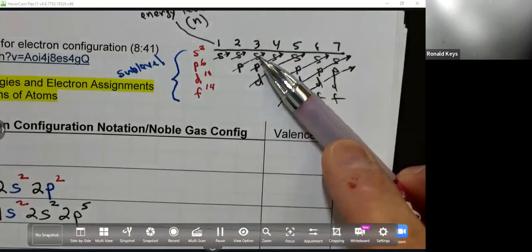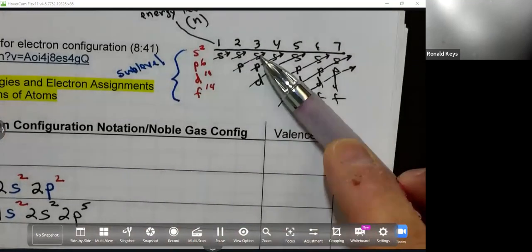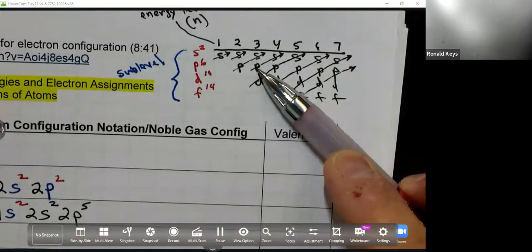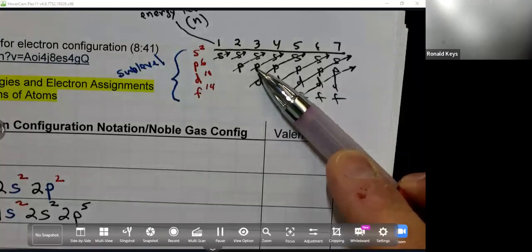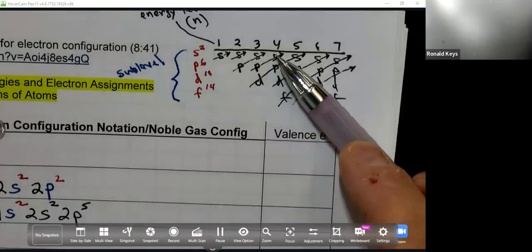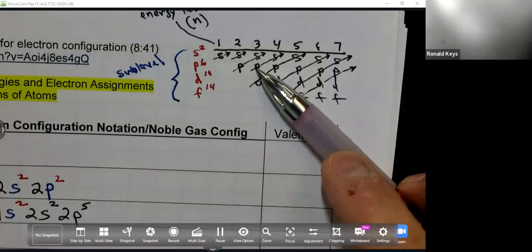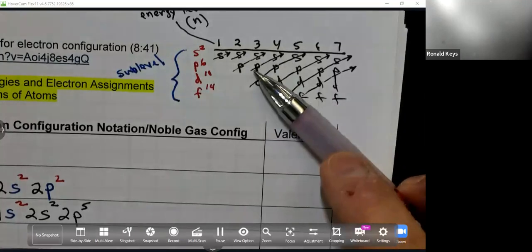After 3s2, I'm done with this arrow. I'm going to go to this arrow, 3p. How many can I put in there? 6. I need to get up to 51 electrons, so I'm going to go 3p6. And then I'm going to go 4s2 for this arrow. Let's write it down. 3p6, 4s2 to finish this arrow that I started.